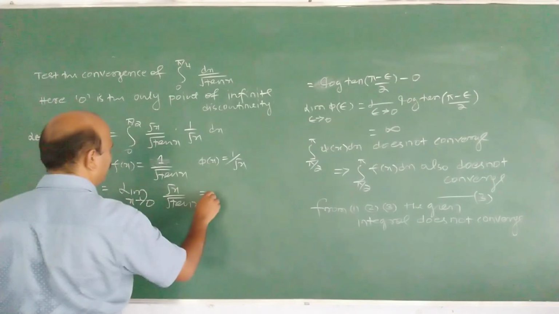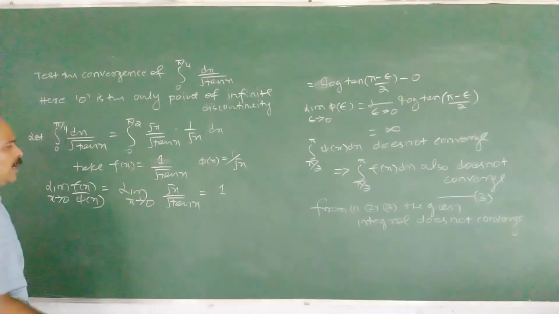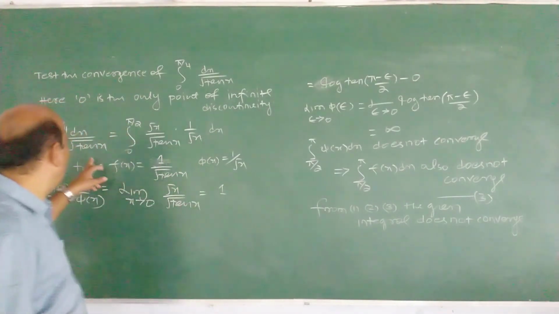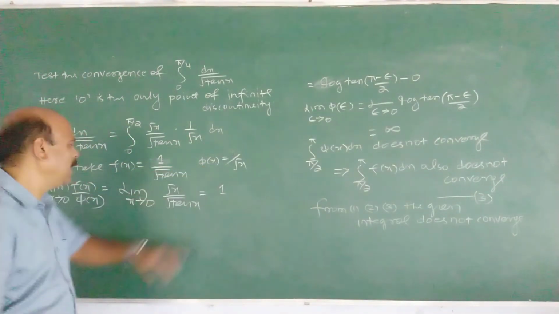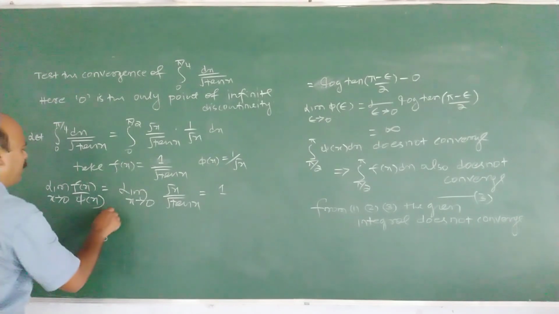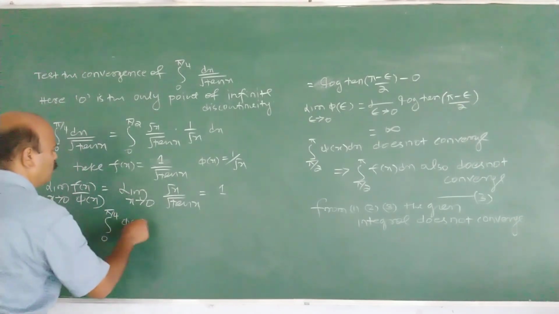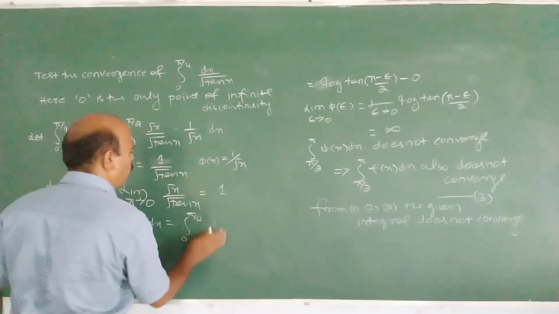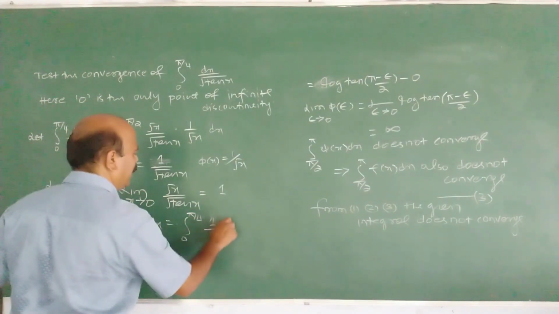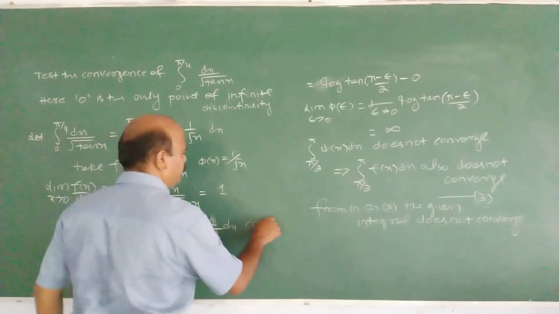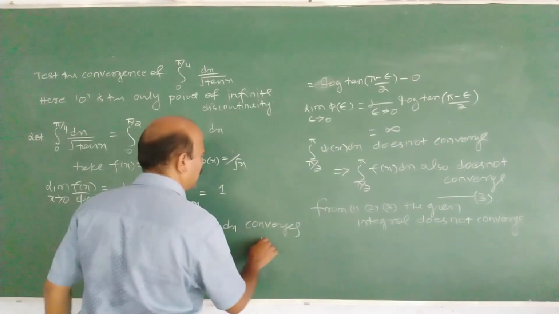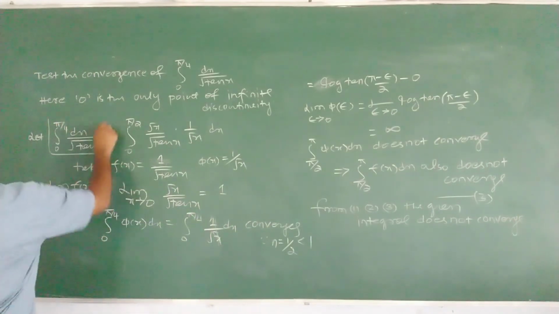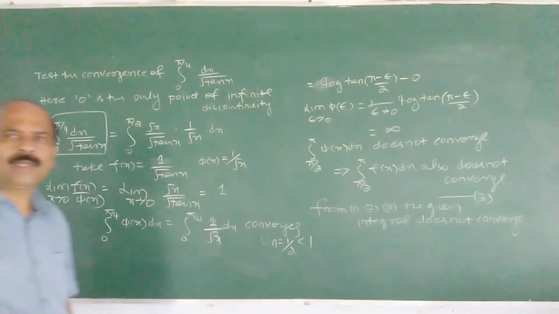Am I correct here? And it is 1. Now which is finite and not 0, therefore the two integrals f(x) and phi(x) are alike. But what about the integral from 0 to pi by 4 of phi(x)? It is the integral from 0 to pi by 4 of 1 upon root x dx. It converges. Why does it converge? Because n is equal to half, less than 1. Therefore the given integral converges.